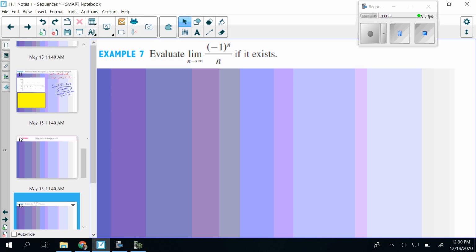Evaluate this limit as n goes to infinity of this one. Well, you can see having that (-1)^n term on top means this is going to bounce back and forth between positive and negative.